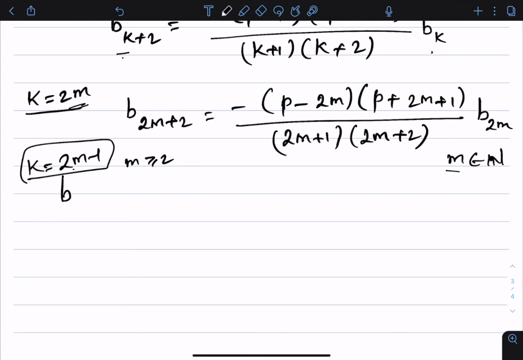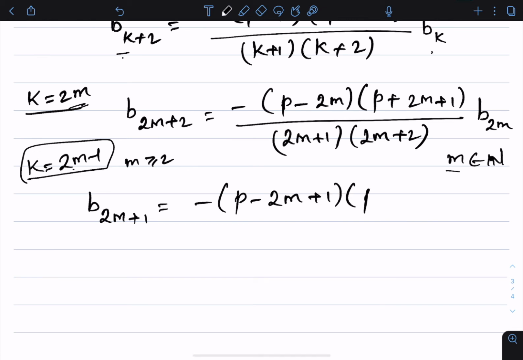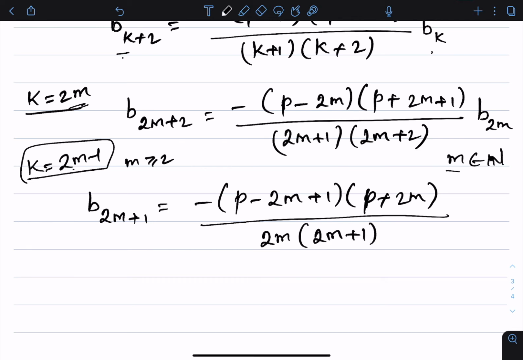So for all m greater than or equal to 2, you have b(2m minus 1 plus 2), which is 2m plus 1, equal to minus (p minus 2m plus 1)(p plus 2m) divided by 2m times (2m plus 1) times b(2m minus 1).